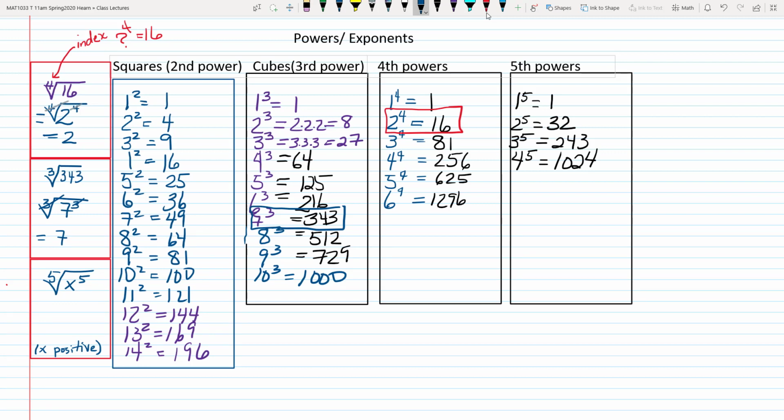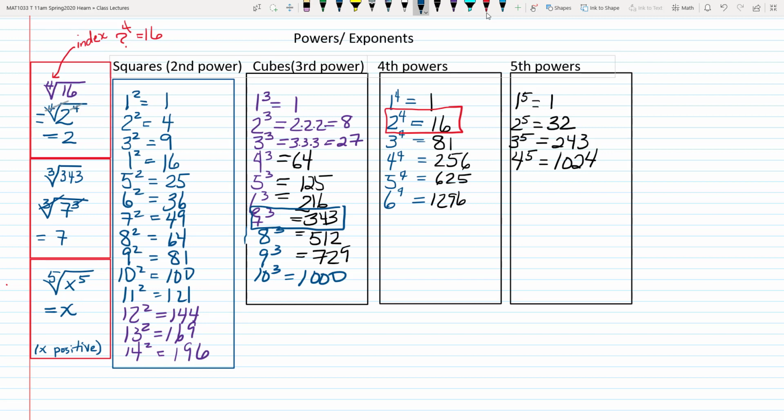That helps us when we're in a situation like this last box on the left, where we have the fifth root of x to the fifth, and all we know is that x is some positive number. So I can't look it up on my list, but what I can do is say, oh, the fifth root of a fifth power, they're going to cancel each other out, and we're going to be left with x.